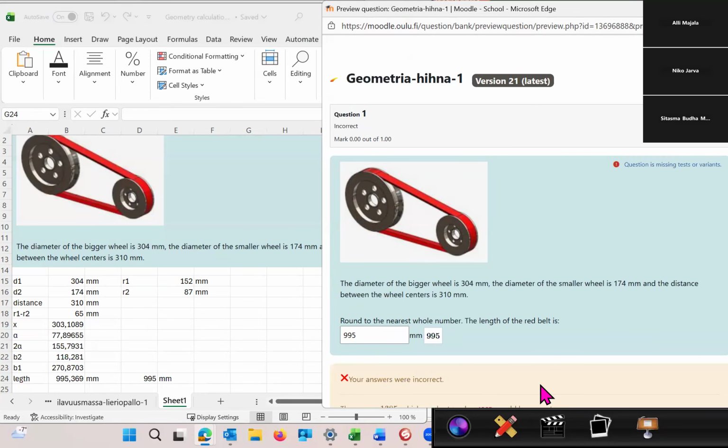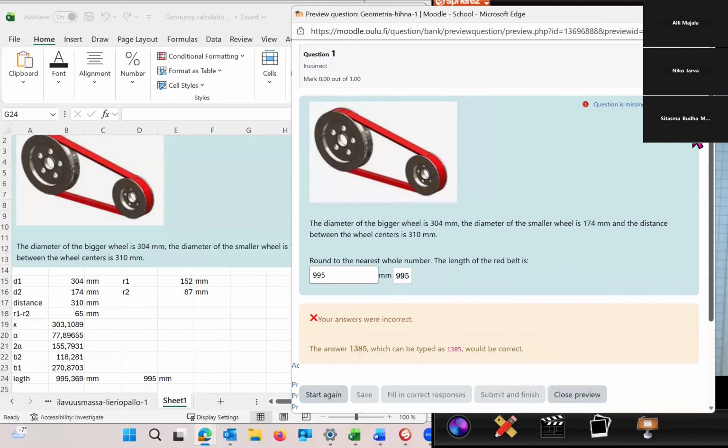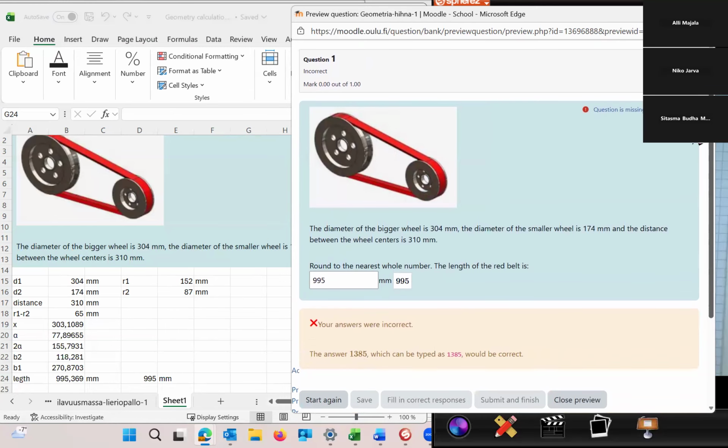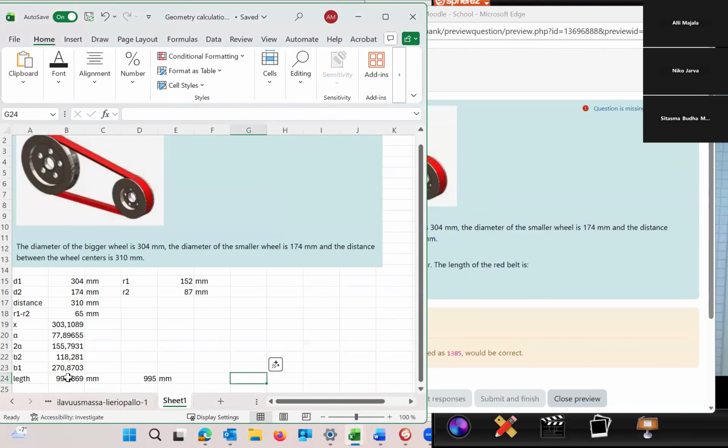Submit. Incorrect. Now I calculated something incorrect here. It's so easy to make some mistake. Oh, I'm missing something now because this is a lot shorter. Or I calculated something wrong.